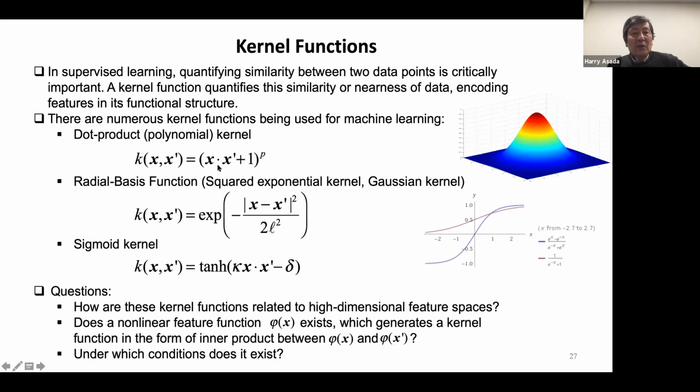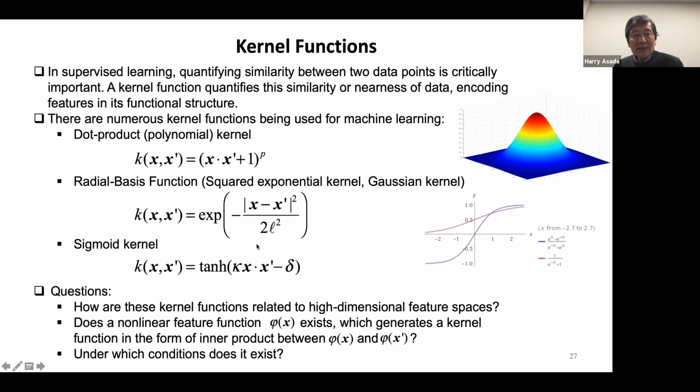There are numerous functions. The first one is the dot product kernel, sometimes called the polynomial kernel, like the one we discussed just now. Another type of kernel function that turns out to be very widely used is the radial basis function. It is called differently: the squared exponential kernel or Gaussian kernel, three names at least.